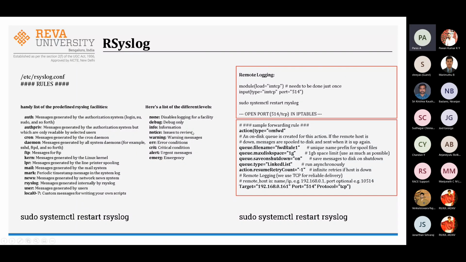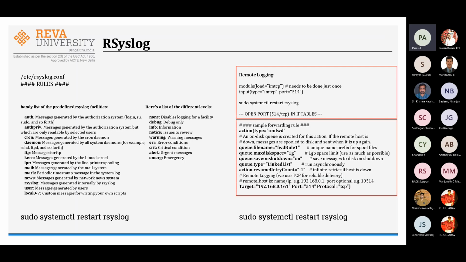Okay. Now, from a remote logging perspective, etc rsyslog.conf is the file. On the server and on the client, there are two systems involved. The server is the one which is running the rsyslog as a service.